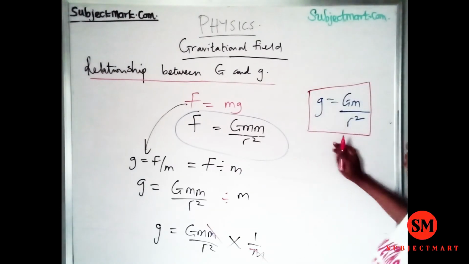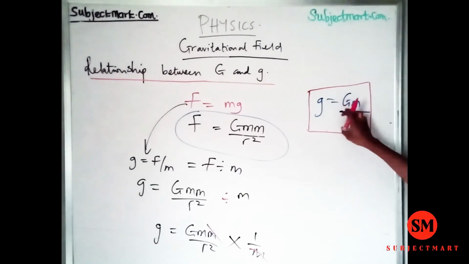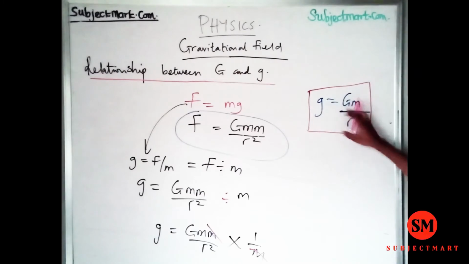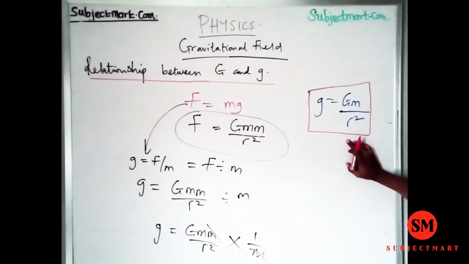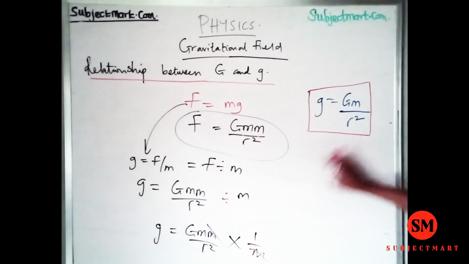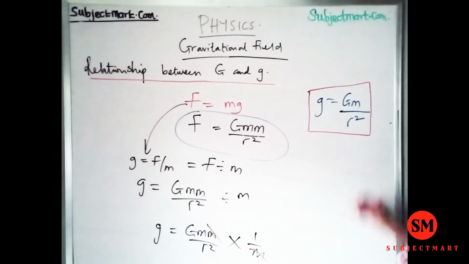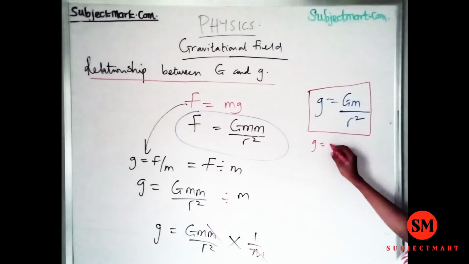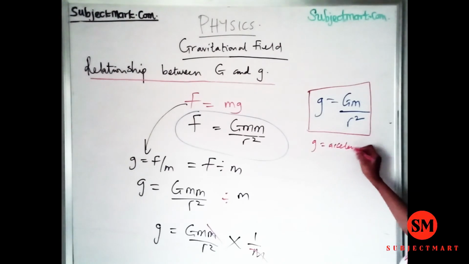So this is the formula connecting small g and capital G. You can see that in this formula, we have both small letter g and capital G. So in case we are asked to establish the relationship between g and G, this is what is required of us. We already know that g here is acceleration due to gravity.